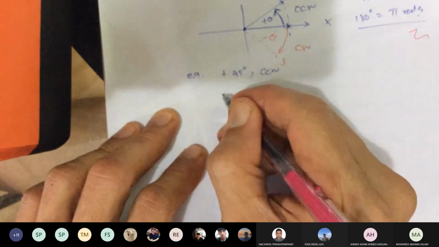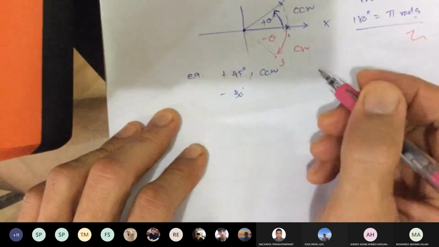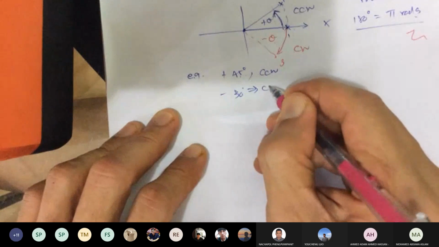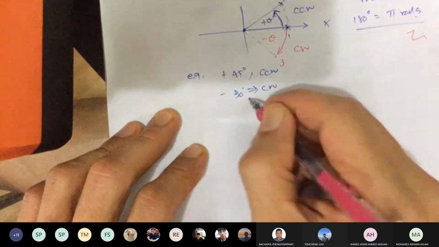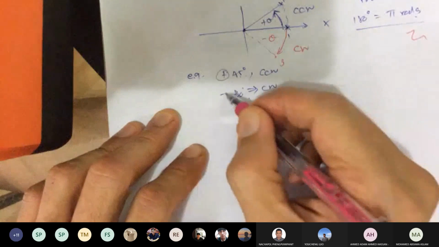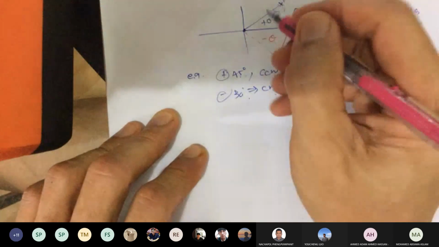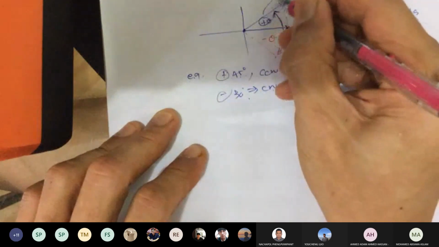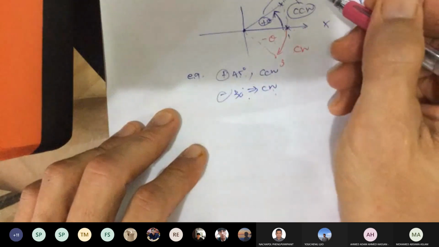Or I can move negative 30 degrees. That leads to clockwise direction, 30 degrees. You see, I would know the direction based on the sign.